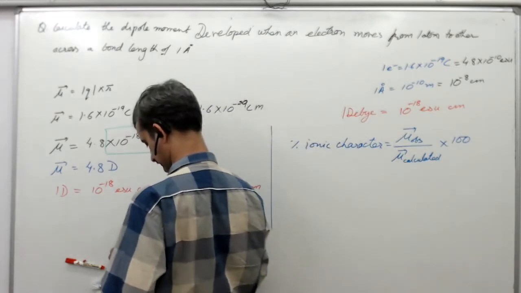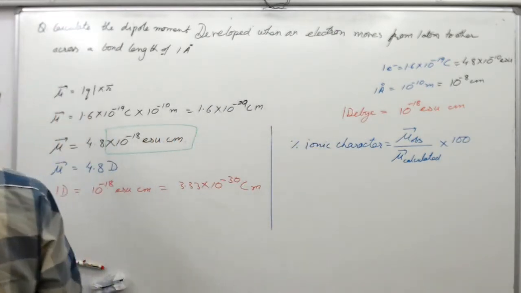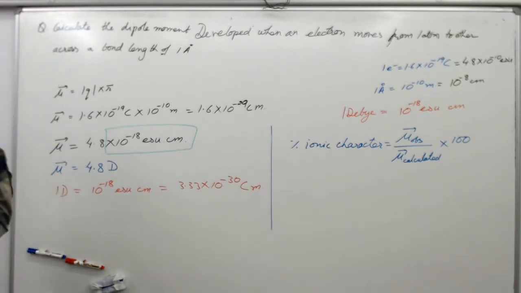Is that clear? So this is what we have as the percentage ionic character, that is observed dipole moment divided by calculated dipole moment into 100.